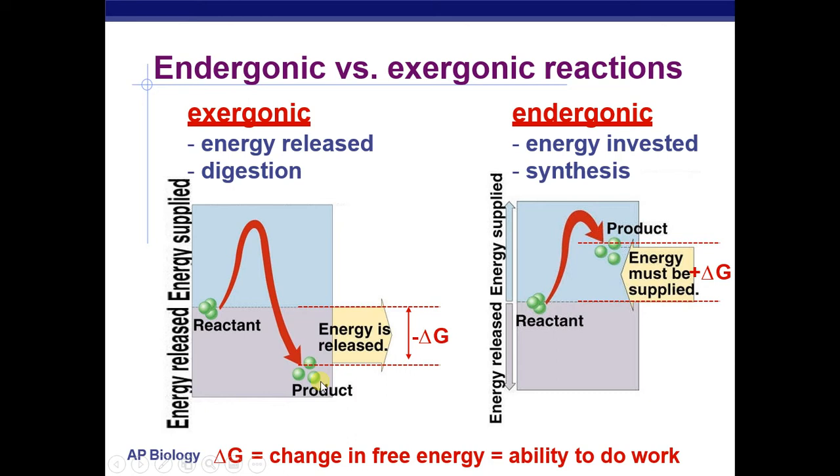And in endergonic reactions, we end up with products with more energy than the reactants, a net input of energy and net output of energy. All right. Even though in both cases this hill goes up first, we are only looking at how much energy the reactants have versus how much energy the products have, as to whether we're calling them endergonic or exergonic.